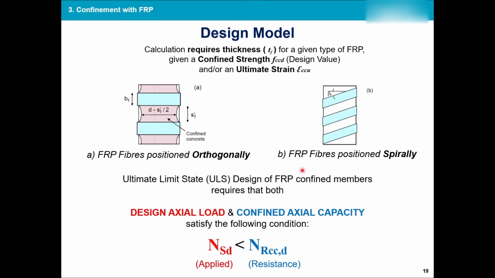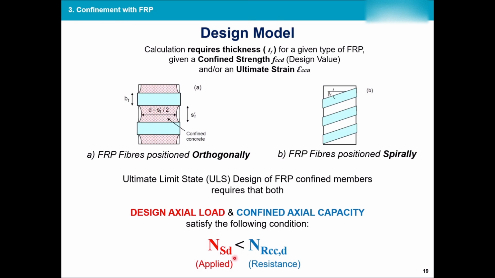And the design model generally for confinement is very simple in terms of the actual load and the confined capacity. As we discussed, the applied load should always be lower than the capacity or the resistance. Now pay attention that this NRd has now changed to NRccd, meaning the confined concrete resistance.